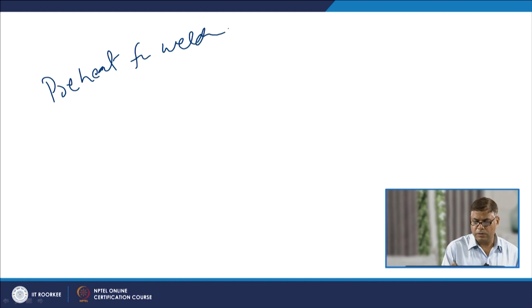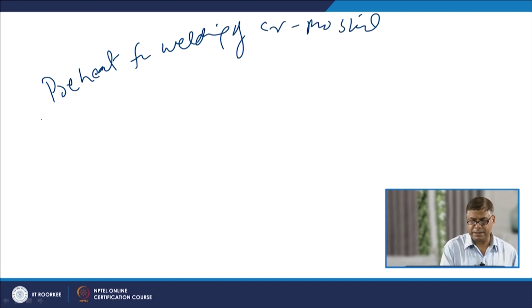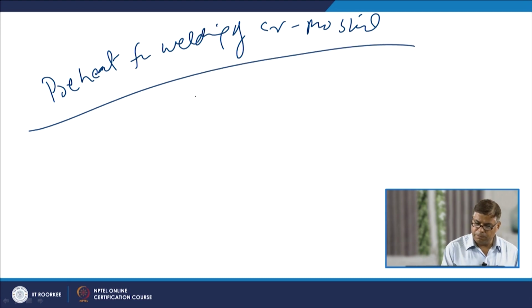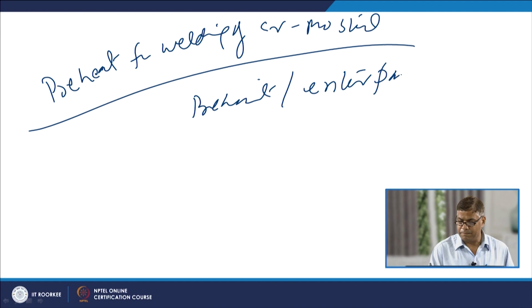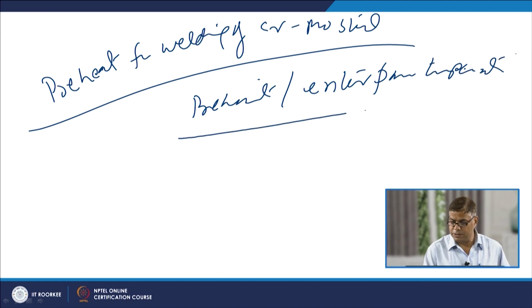Then there is the kind of preheat which is needed for welding of the chromium molybdenum steels. Whenever we apply preheating of the plate or the base metal, the same is the interpass temperature that is used.